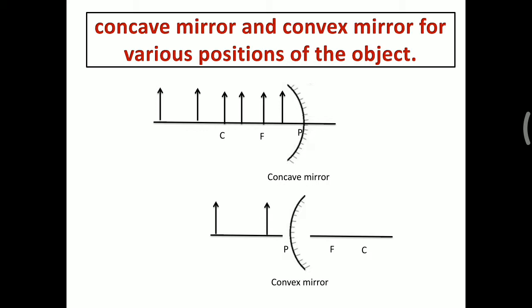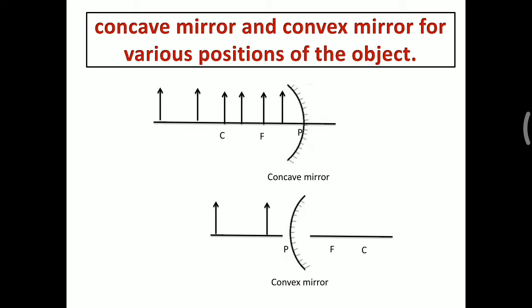In a concave mirror, the reflecting surface is inward. In a convex mirror, the reflecting surface is outward. So, in a concave mirror, we can keep the object at 6 different positions. The first one is infinity. The second one is beyond center of curvature. The third one is center of curvature.